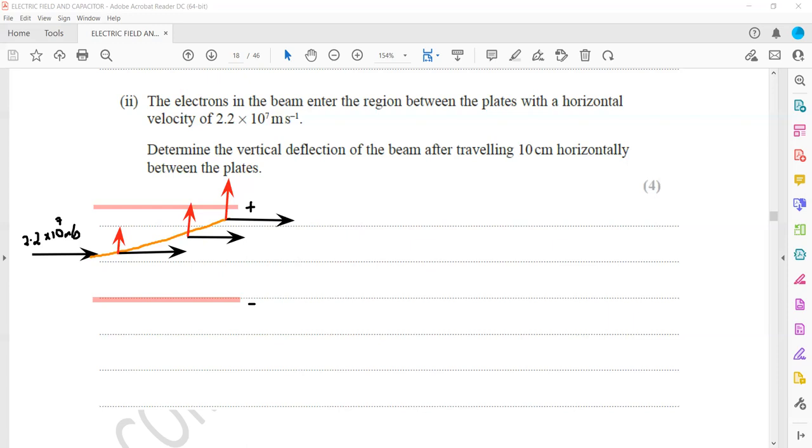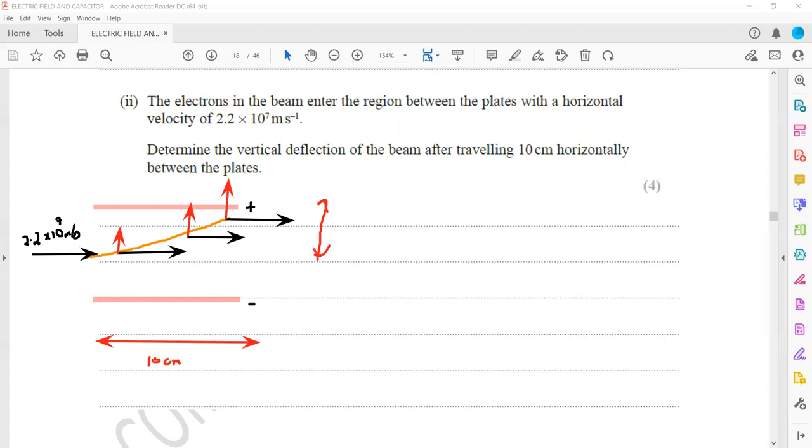So we want to determine this distance: from the center position, if it covers 10 centimeters horizontally between the plates, how much is the vertical distance?